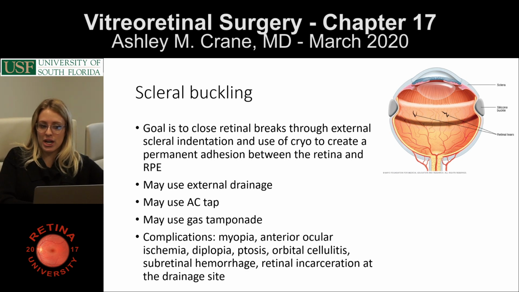Sometimes you'll use external drainage to try to get the retina to lay on the buckle, and sometimes you'll use an AC tap to decrease the pressure, because when you pull up a buckle, the pressure will go way up. And you may use a gas tamponade at the end of the surgery just to make them reoppose each other. And there are several complications that are listed down here.